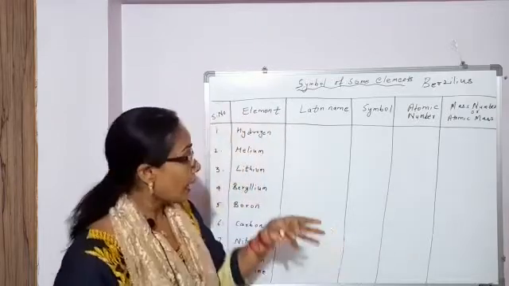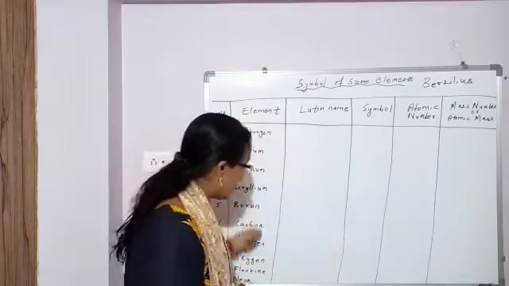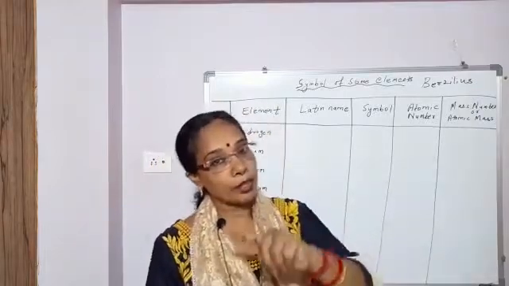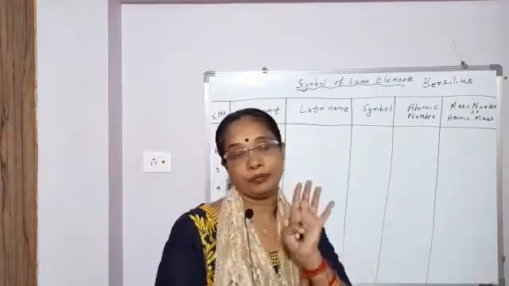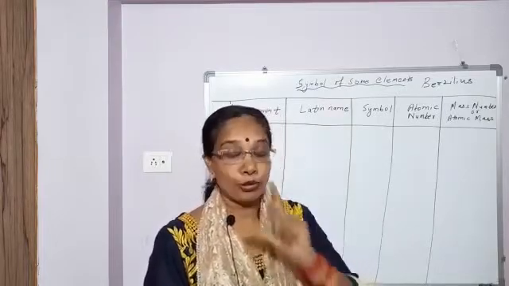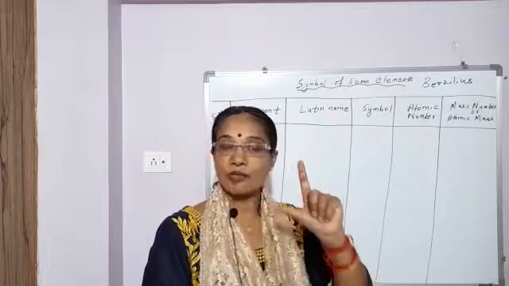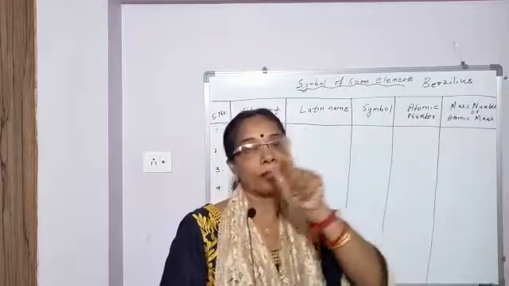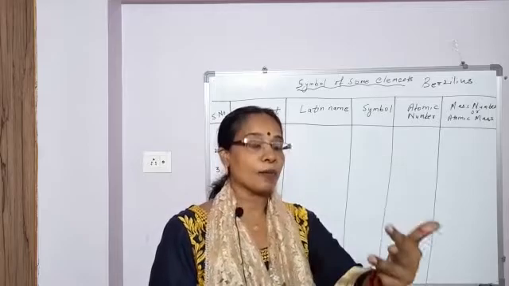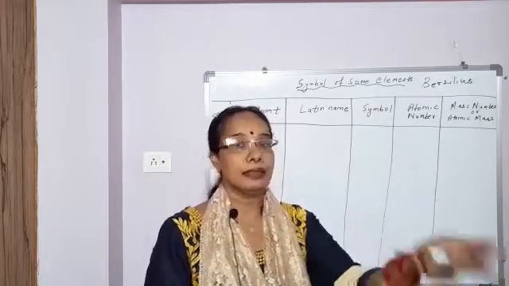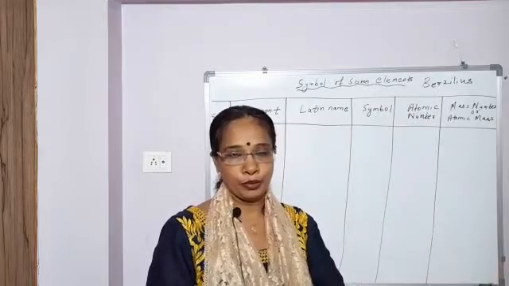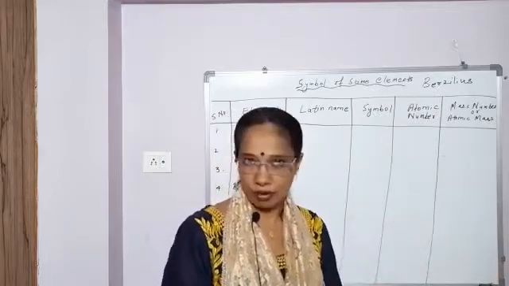Okay, and here I am going to write the symbols of the elements from atomic number 1 to atomic number 20 in order. So, you also learn in that order. For class 9th, you have to know the names of the elements from atomic number 1 to atomic number 20. What atomic number is and all, in other classes I will let you know. First, step by step, we will move forward.